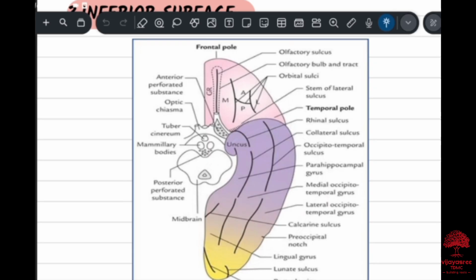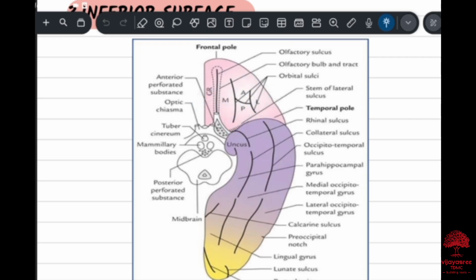The orbital surface, the important sulci are the olfactory sulcus and the H-shaped orbital sulcus. Here, by the H shape, it is divided into medial, lateral, anterior and posterior parts.